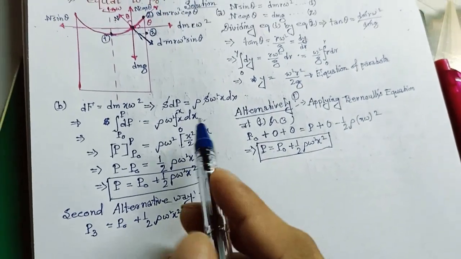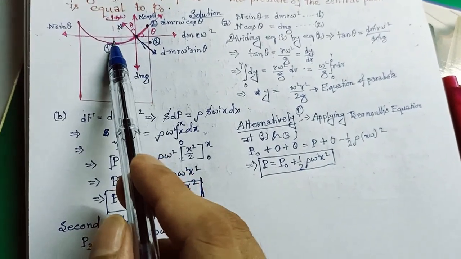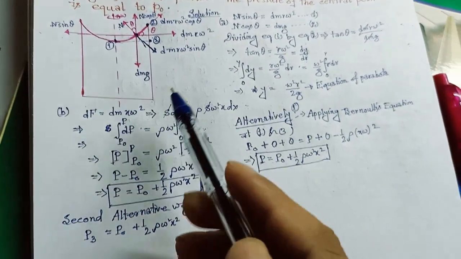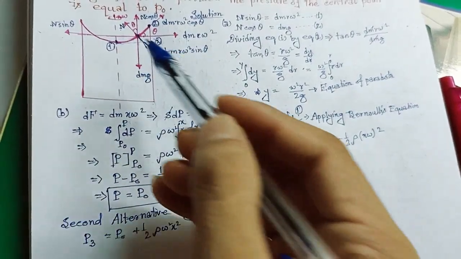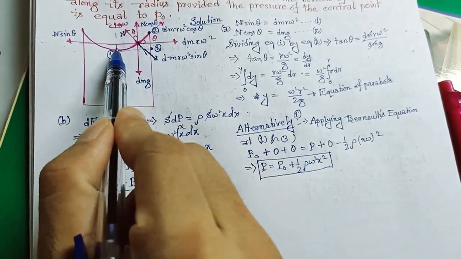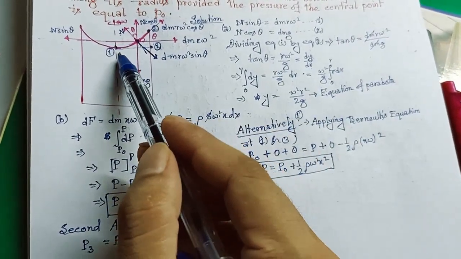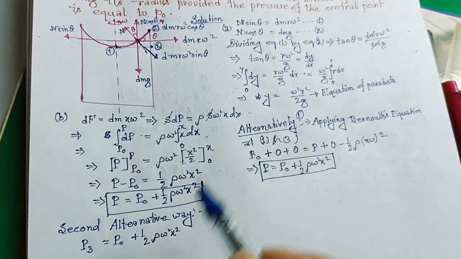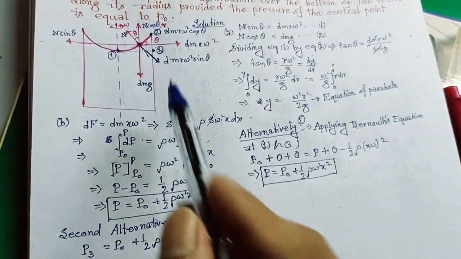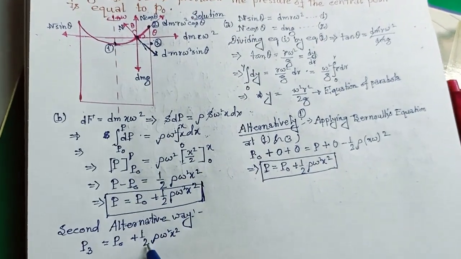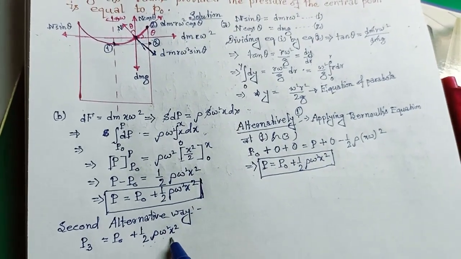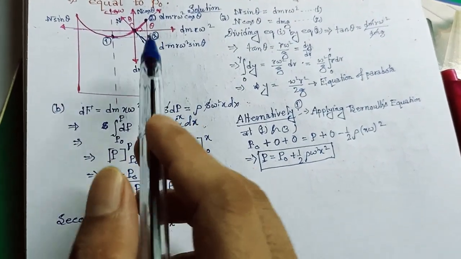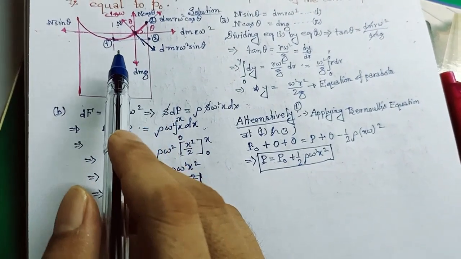So this equation comes if we travel from 1 to 3. That means the pressure at point 1 is equal to P naught, and the distance from 1 to 3 is equal to R. So due to rotation there will be pressure difference delta P equal to half rho omega square x square, that will be added to the quantity which was at point 1.